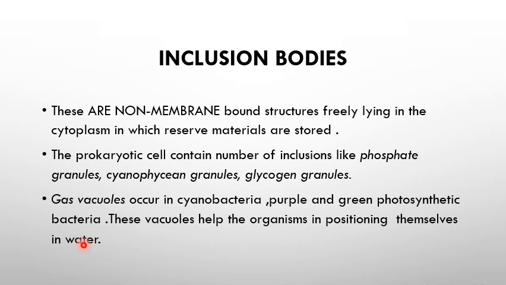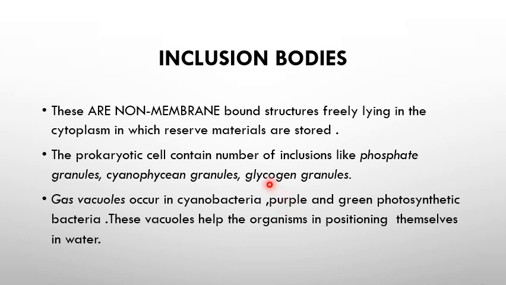This is possible only with the help of the gas vacuole. Cyanobacteria means blue-green algae, and purple and green bacteria are photosynthetic bacteria. These vacuoles help them to be stationed and positioned in water bodies or in the water current.